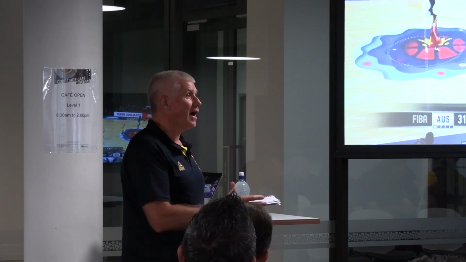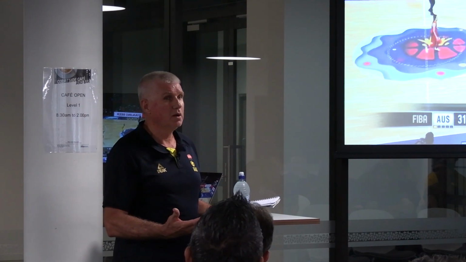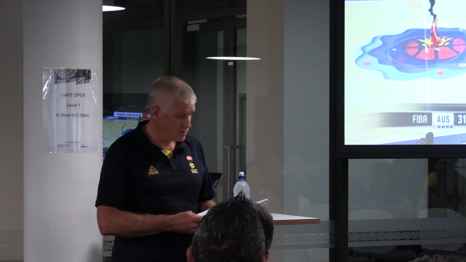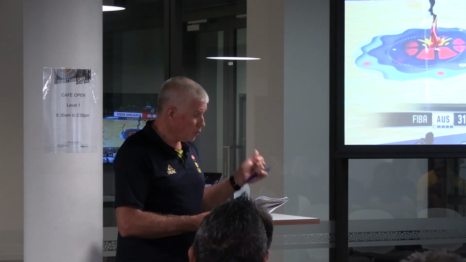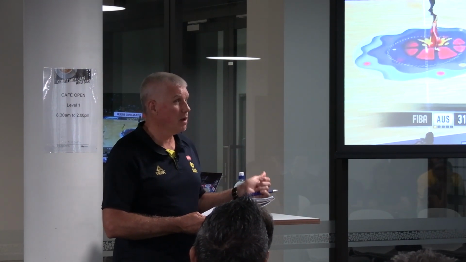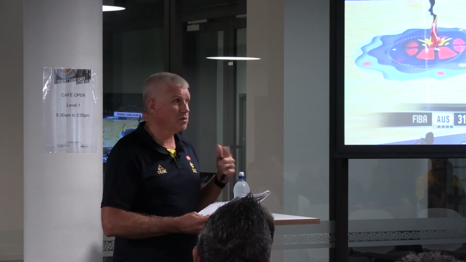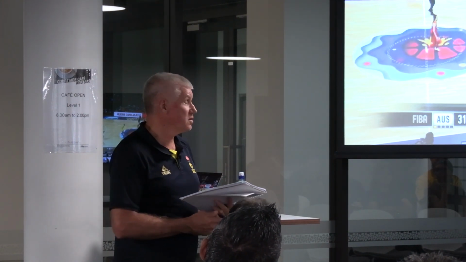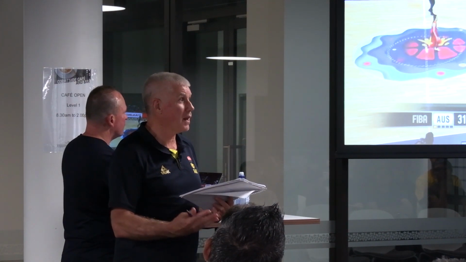But the first half, we did fairly well defensively, but we just couldn't score. We just weren't making baskets. We spent a lot of energy in the Spain game, I would suggest. So I think it's a good way to finish, but we did play China in Canberra before we went overseas to prepare, and that game stuck in my mind and really helped our preparation, because very rarely did we have games where we gave up a lot of offensive rebounds, because it finishes plays.